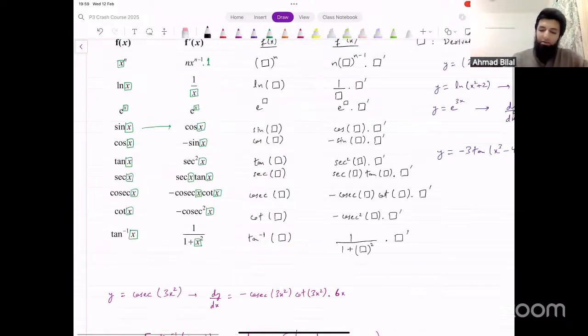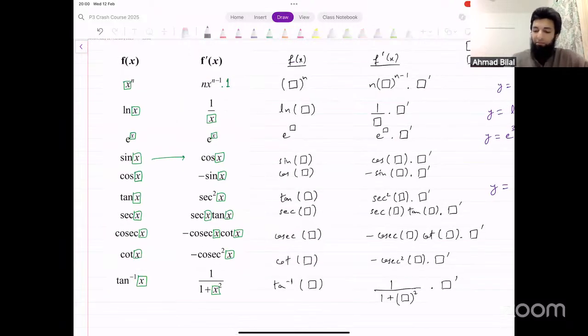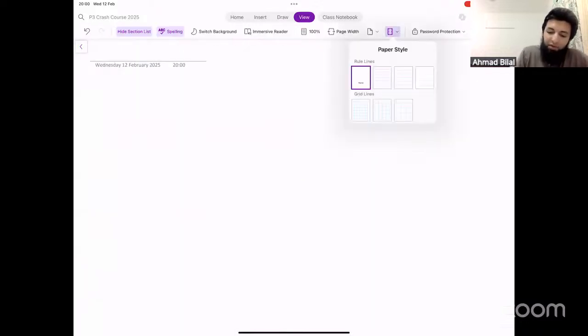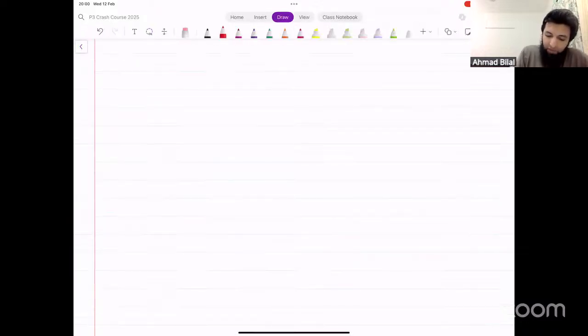But then, what if you have multiple functions? Let's say you have something like this. First of all, y equals x squared plus sine x, for instance. How do you differentiate it? You can differentiate each term separately, right?